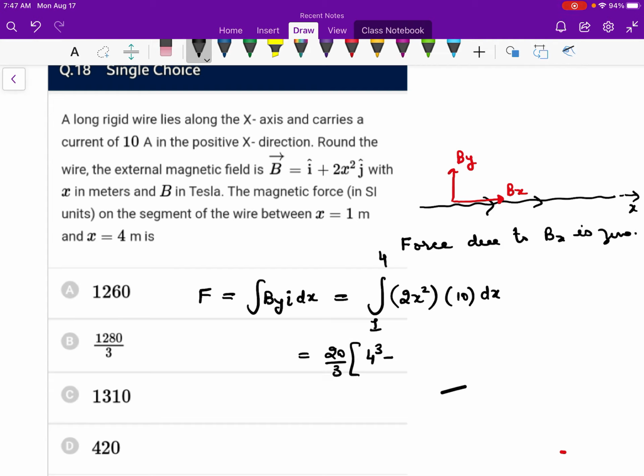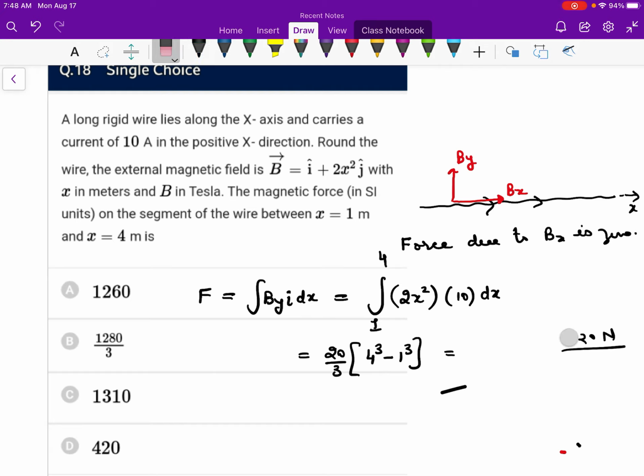So 20 by 3 x cube, which is 4 cubed minus 1 cubed. So this is 20 into 21, 63 upon 3.